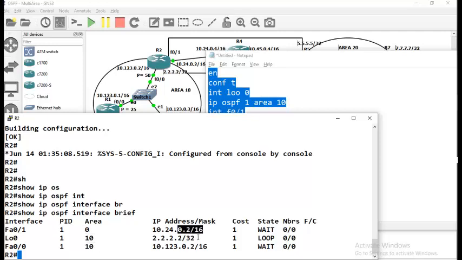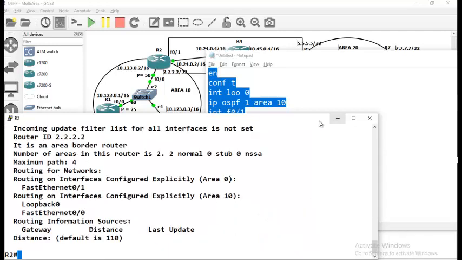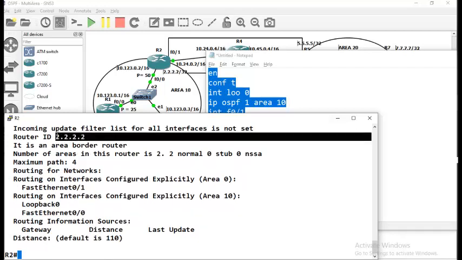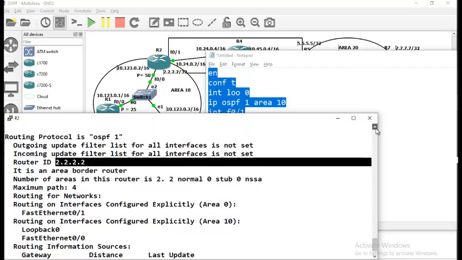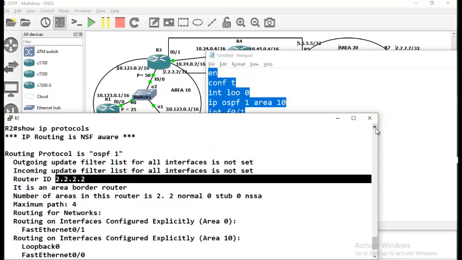They also show the IP addresses on the interfaces. Currently the state is waiting because we have not configured the other side, so there are no neighbors discovered. The router ID now should be 2.2.2.2. Show ip protocols will show you what router ID is taken. It has taken the loopback interface address as the router ID.